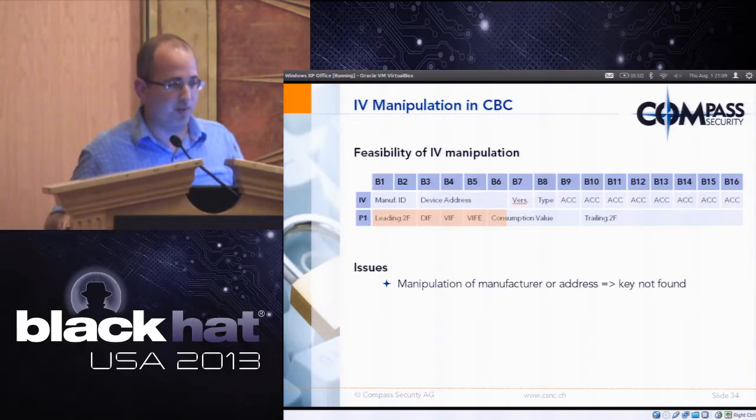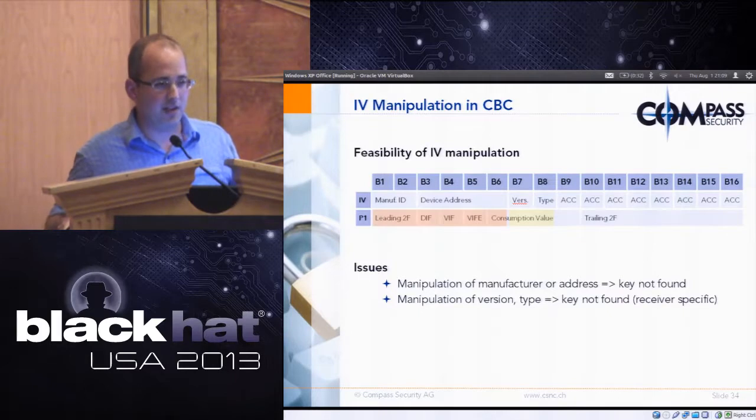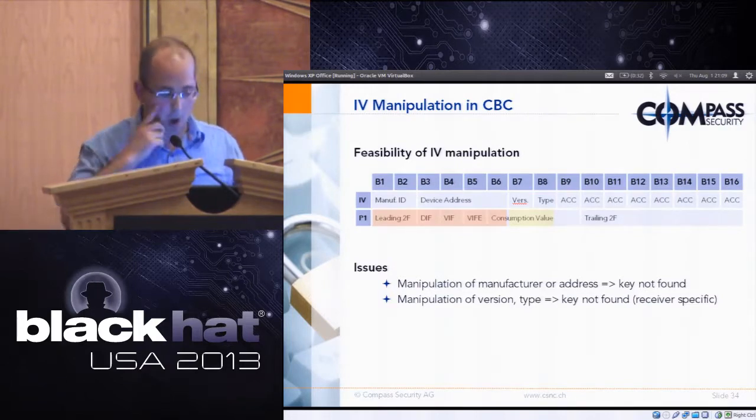So we can't manipulate over there. We could try to manipulate the version and the type information. Some collectors use it to identify the meter. In that case, you can't manipulate there. Some don't. There you can. But this is pretty implementation dependent.